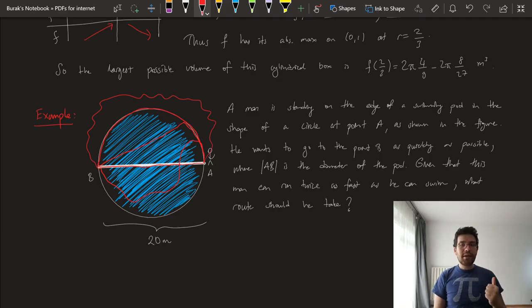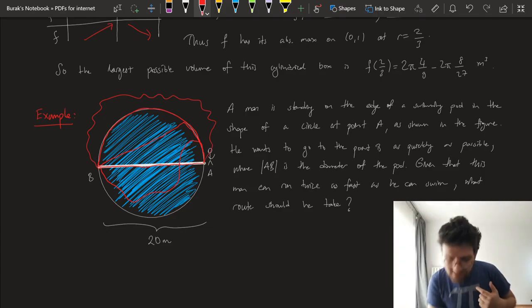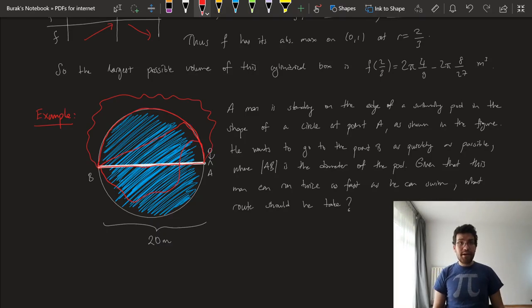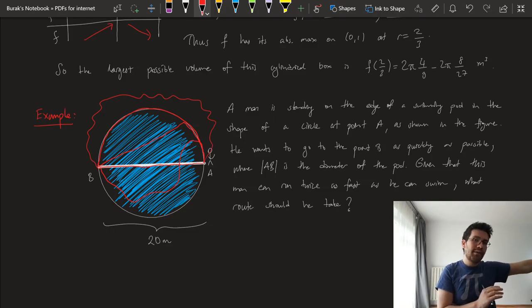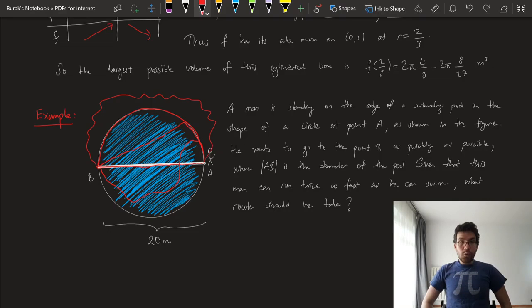So if that path is shorter because it's more direct, maybe he should just jump in and swim. But he's not swimming that well, is he? His swimming speed is half of his running speed. So maybe he should just run for some time and then jump into the pool and then swim. So what should he do? That's the question. We're supposed to figure this out.